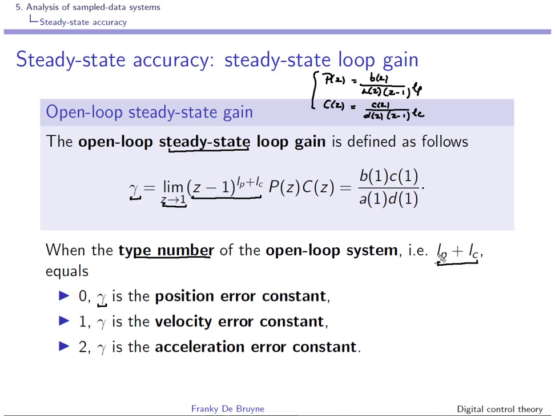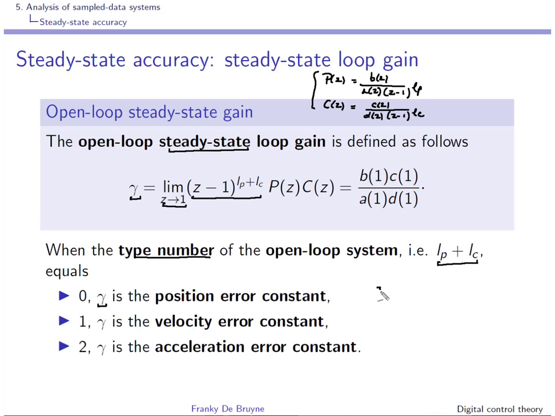If there is one integrator in this loop gain, either in the process or in the controller, then gamma will take the name velocity error constant. And if there are two integrators in the open loop system, and they can be divided over process and controller, or be all in the process or all in the controller, well, if this type number is 2, then we'll call gamma the acceleration error constant.